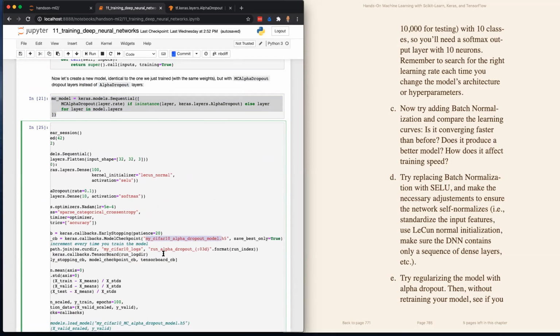This one should have been changed to MC. So that's why I think I have muddled up a few things there.